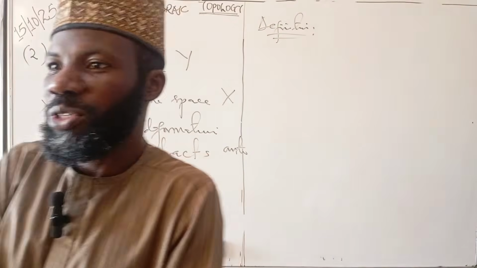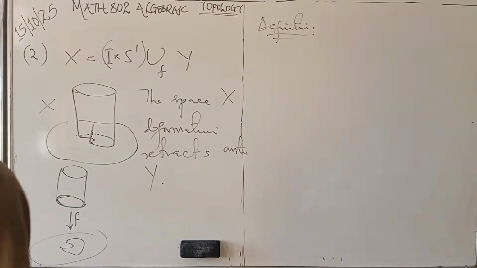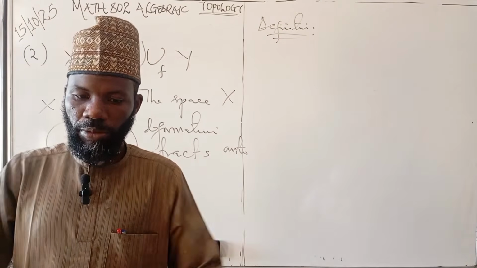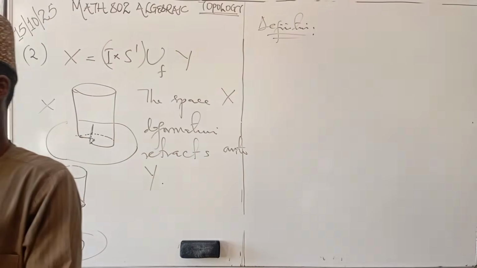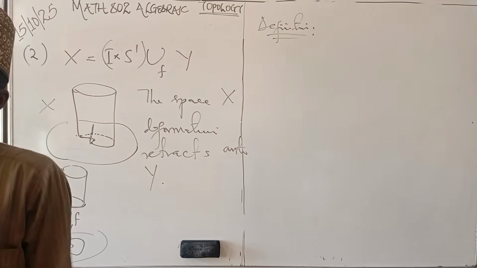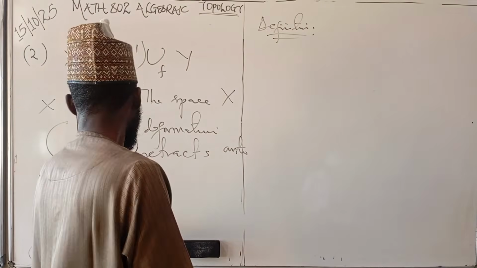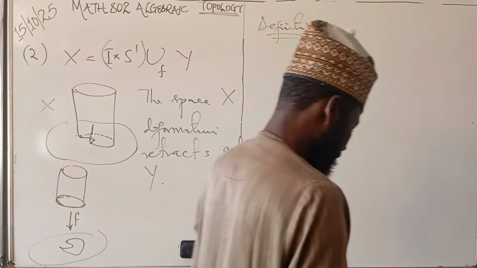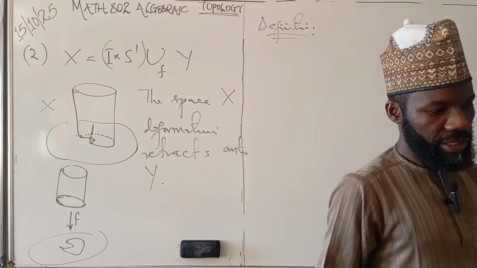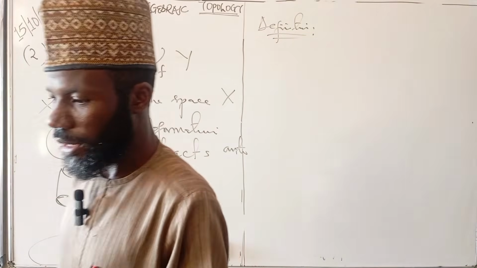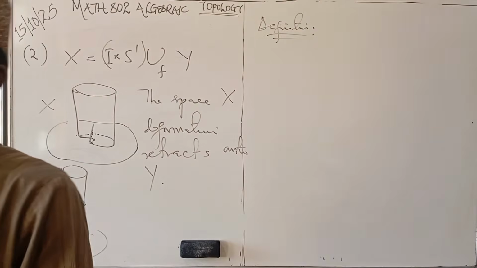Because it is a homotopy from the identity to a retraction. So already it is a homotopy. I hope it's okay. So once you have a deformation retraction, it is a homotopy already. But that concept of deformation retraction is still a special concept of spaces being homotopic.